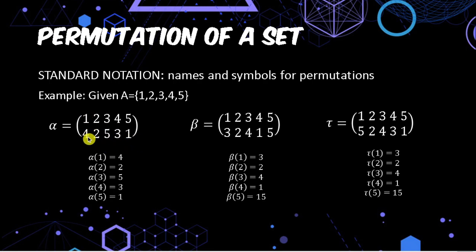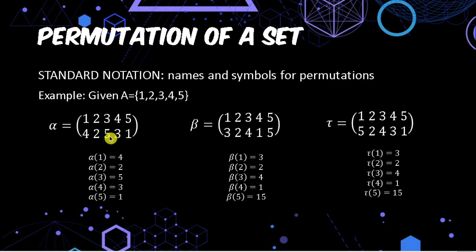So, 1 is mapped to 4, 2 is mapped to 2, 3 is mapped to 5, and so on and so forth. Because this is a function, alpha of 1 is equal to 4. Anong ibig sabihin ng alpha of 1? Parang kapag i-evaluate natin ang 1 sa function na ito, hindi nga lang siya our typical algebraic function, it's a permutation. So, it's 4. Alpha of 2 is 2.